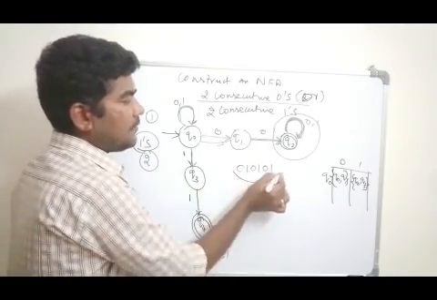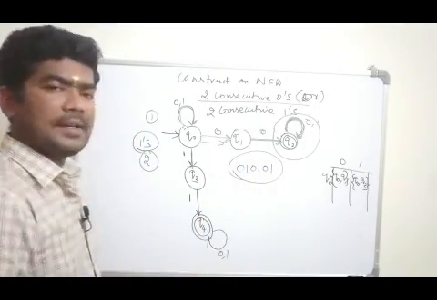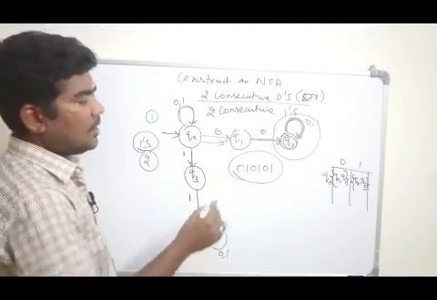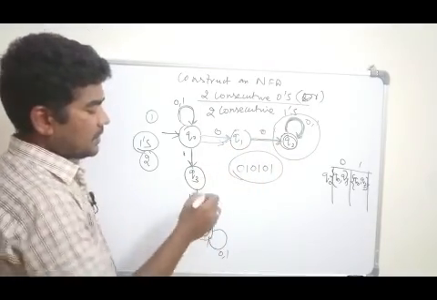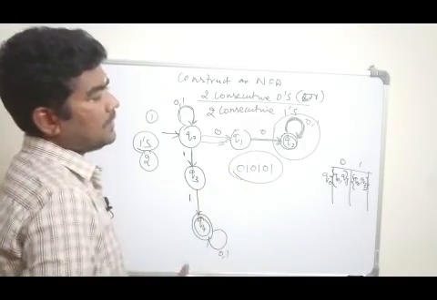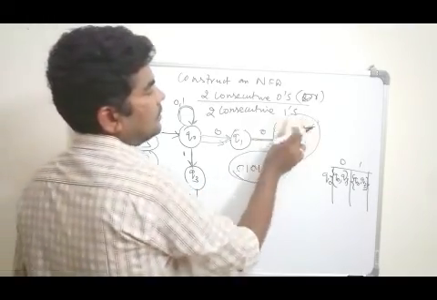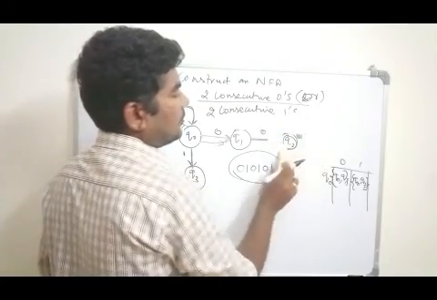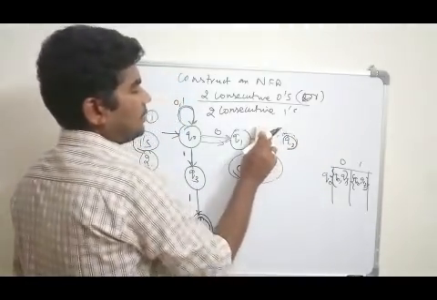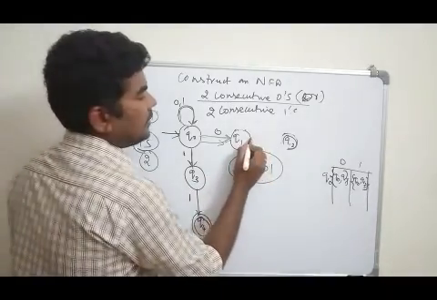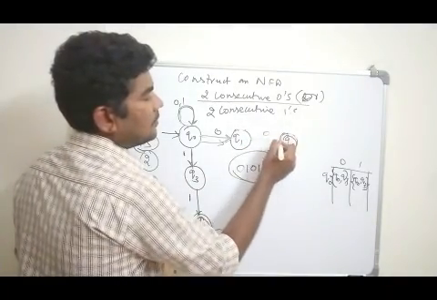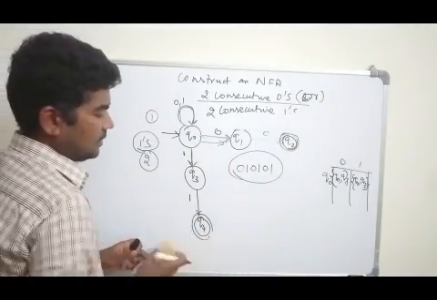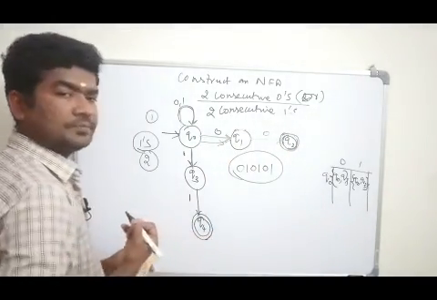Only if the state has consecutive zeros should the given DFA accept, or else it should not be accepted. So once you remove this, you just check. Here I am going to have 0, so Q2, and this also I will remove, so Q4.